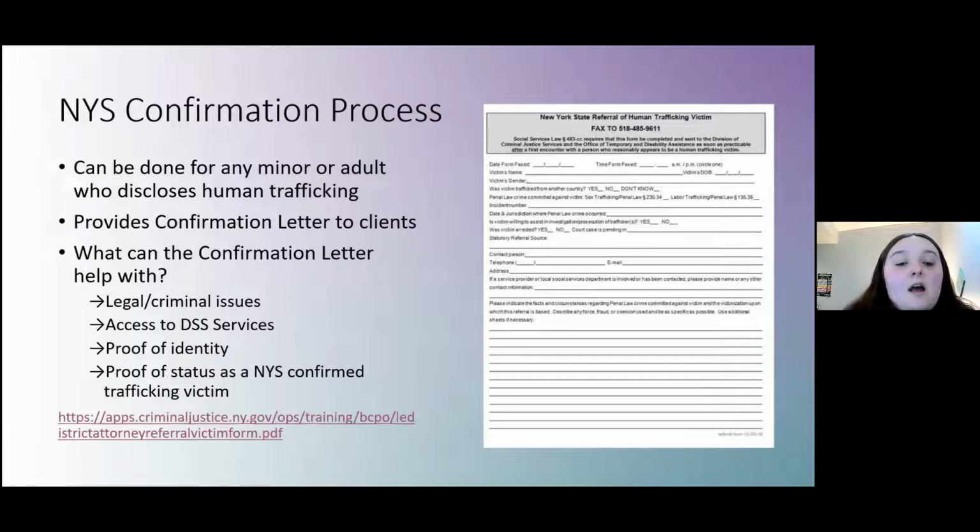For example, this letter can help them expunge their past record. It will also give them access to DSS services such as housing, and it will help them obtain their proof of identity, such as social security cards or their birth certificate. And the letter will also provide the victim status as a New York State confirmed trafficking victim.